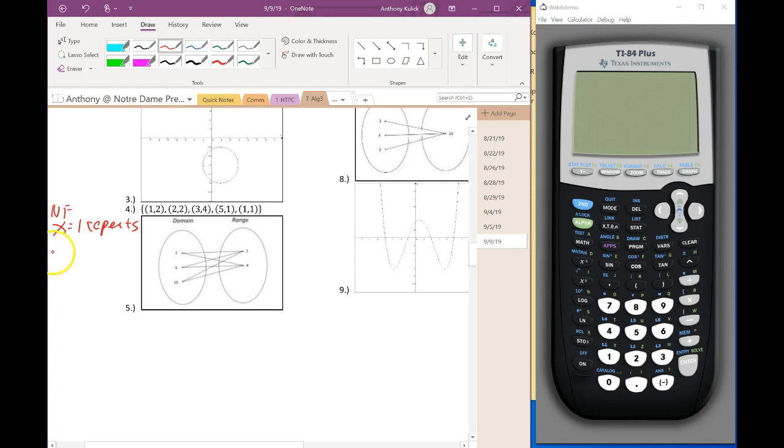Okay? The domain here, notice that this set is discrete, that there's just a finite number of x and y values, right? So we can just list them using our set notation.